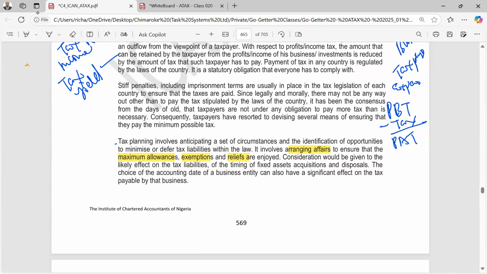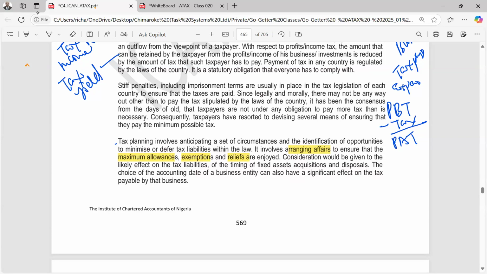When we are doing change of accounting dates, we saw that the tax people will likely choose a date such that for 3 months you are going to be paying a higher tax. So let's say, for example, you have a choice of 3 dates to change to. You need to test and find out which of them will not produce a higher tax and choose that date.